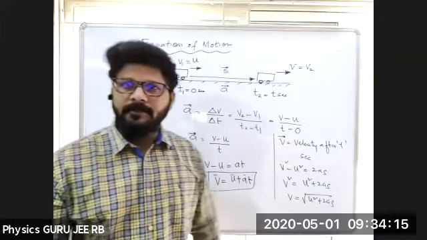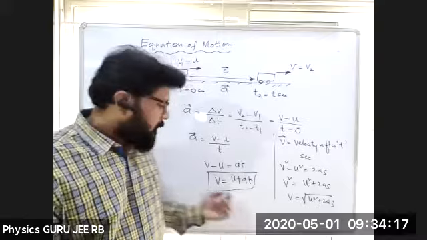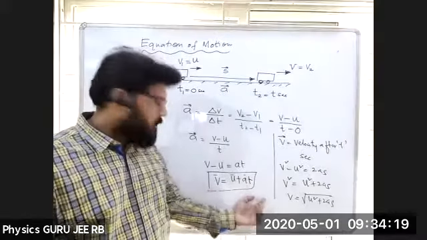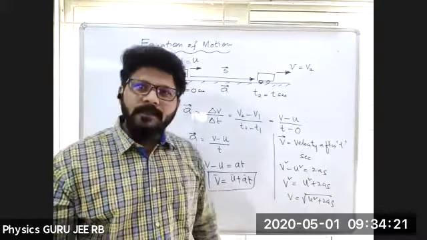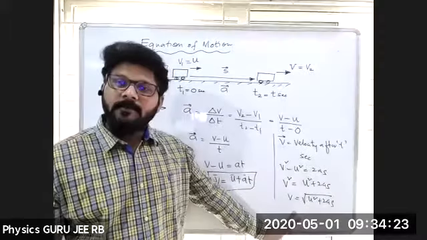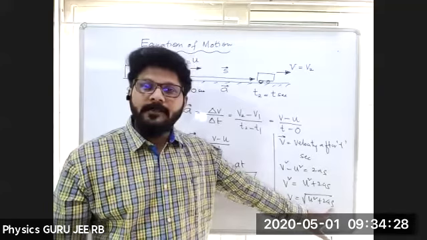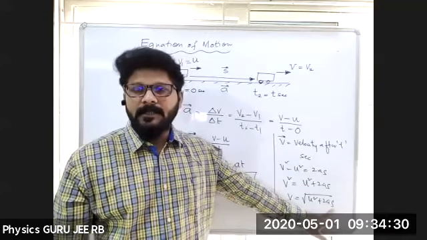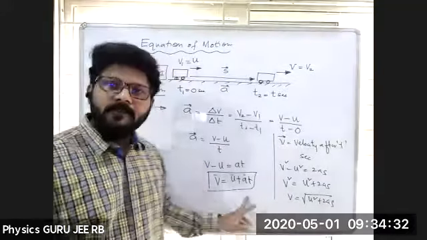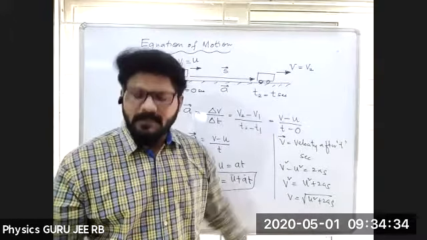No information. If I say derive velocity after t seconds, then v is equal to u plus at. Now what is this called? Velocity after displacement s. So that is in terms of displacement, and this is in terms of time. One should be very clear about these terms.